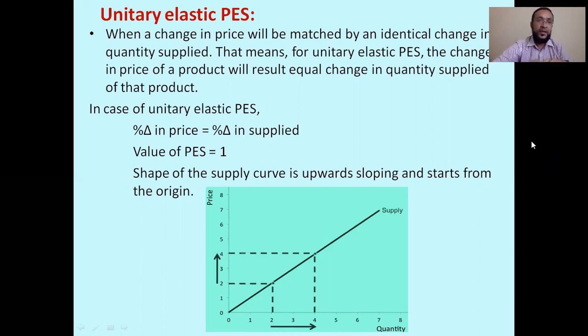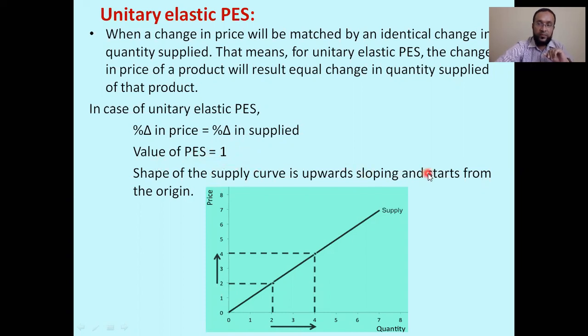In that case, the percentage change in quantity supplied would be exactly the same as the percentage change in price, and the value of PES will be exactly equal to 1, and the shape of the supply curve will be upward sloping. And most importantly, in this case, the supply curve will start from the origin. It is like a 45-degree line.